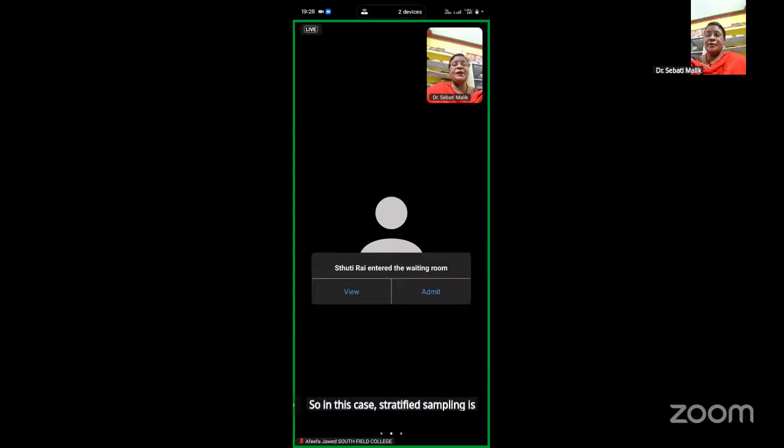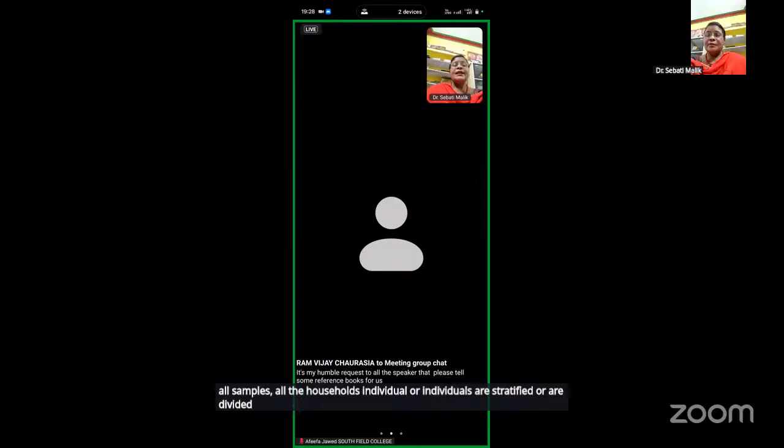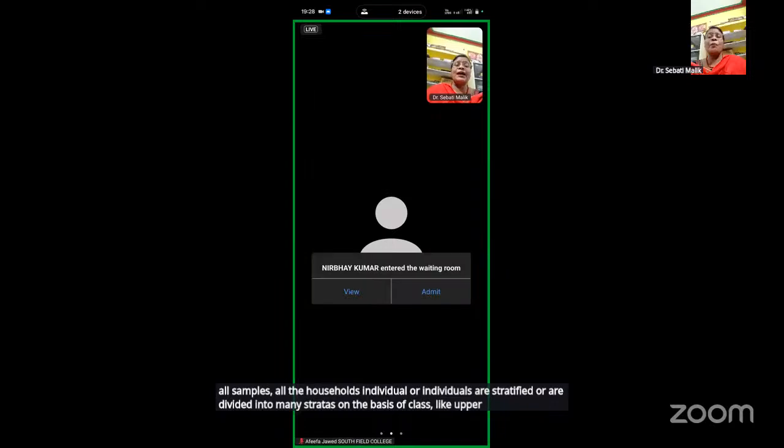In stratified sampling, all the households and individuals are divided into many strata on the basis of class, like upper class, upper middle class, lower middle class, or lower class.